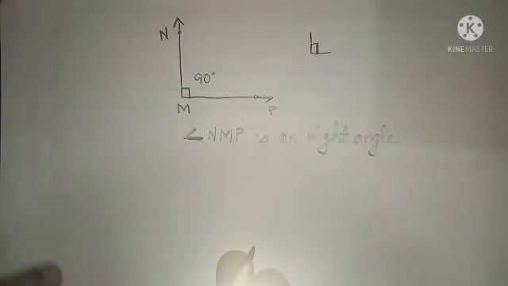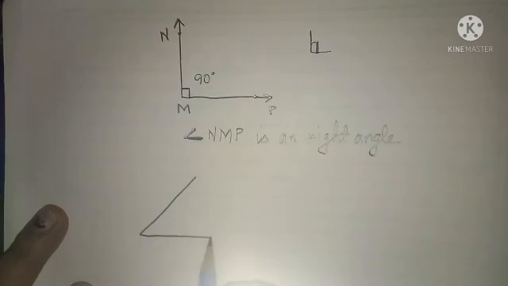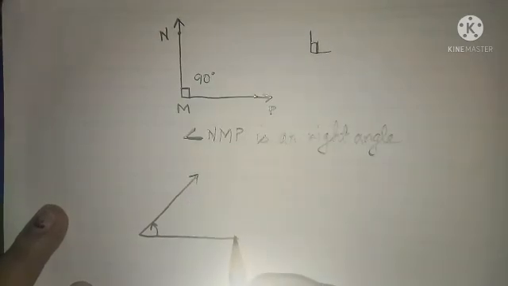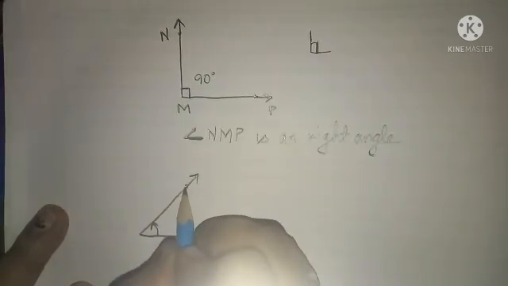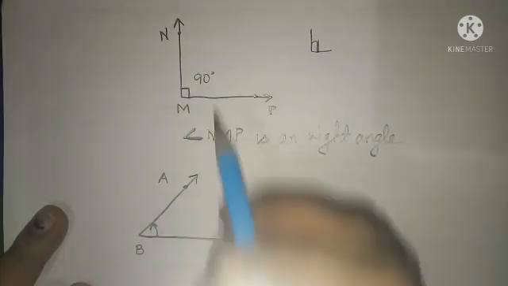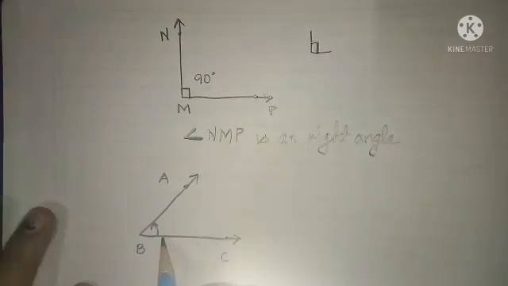Now we will come to the next angle. Suppose the angle is given in this form, and let me name it as A, B and C. By comparing this angle, can you tell me, is the measure of this angle less than 90 degree or more than 90 degree? It is less than 90 degree.